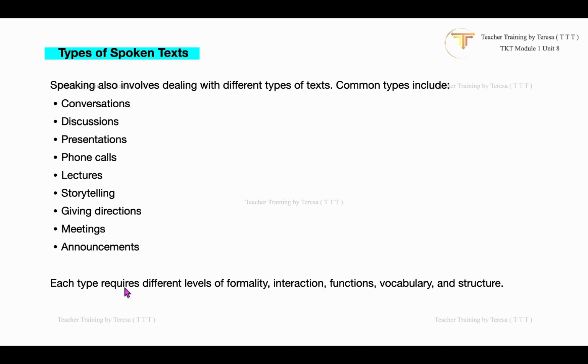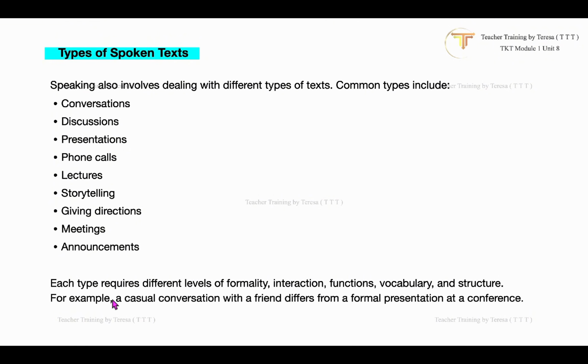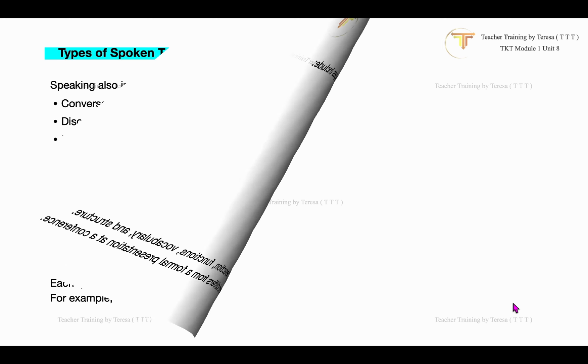Each type requires different levels of formality, interaction, functions, vocabulary, and structure. For example, a casual conversation with a friend differs from a formal presentation at a conference.